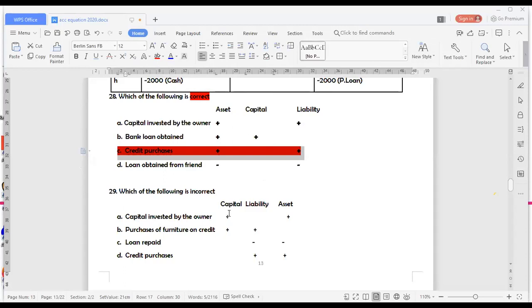The question asks for the incorrect one. Purchase of furniture on credit, capital and liability increasing, so it is impossible. Answer is B. So 28 C, 29 B. Okay, right, good. So 99% got correct answers.